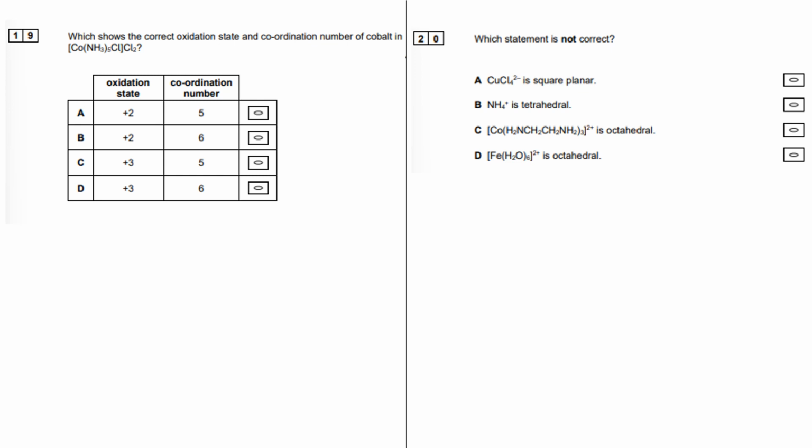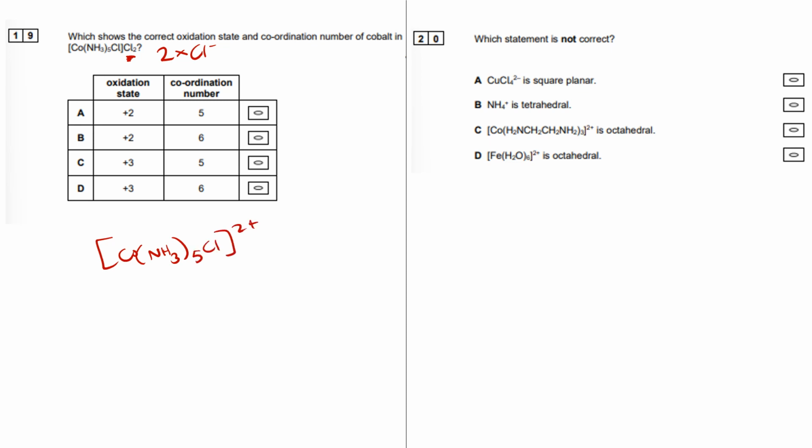Question 19. Which shows the correct oxidation state and coordination number of cobalt in this complex? So notice there are 2 chlorines in the overall formula. Those chloride ions will neutralize the complex. So the fact that we've got 2 chloride ions bonded to the overall complex suggests the complex has an overall charge of 2+.